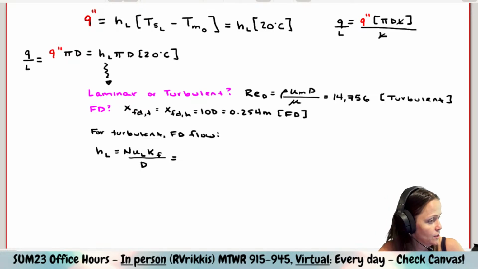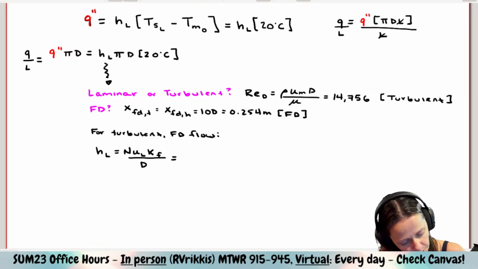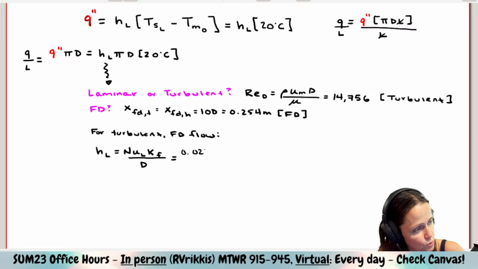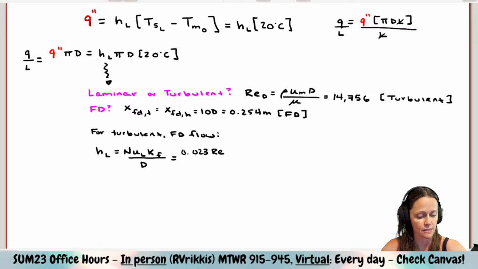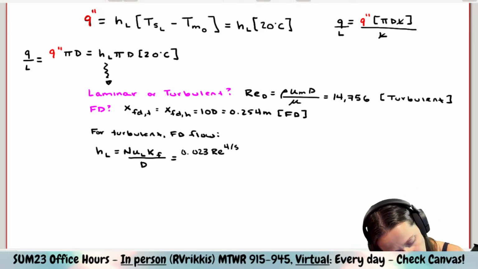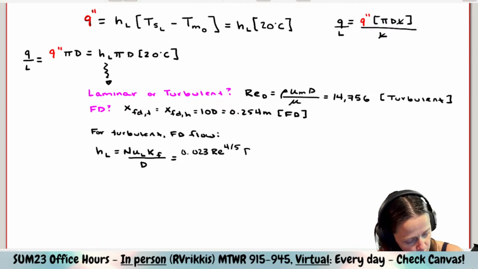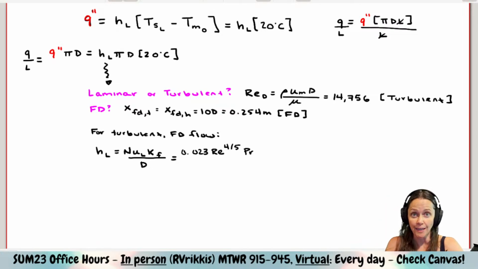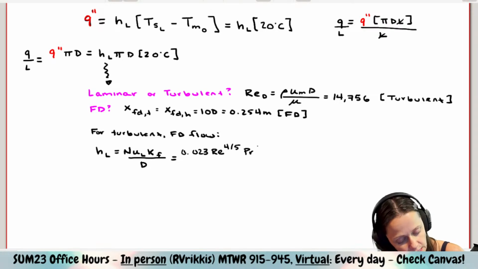So perfect. My Nusselt number is going to be 0.023 times our Reynolds number, which is the 14,000 number, to the 4/5, times our Prandtl number raised to the n, where n equals 0.4 because it's heating.